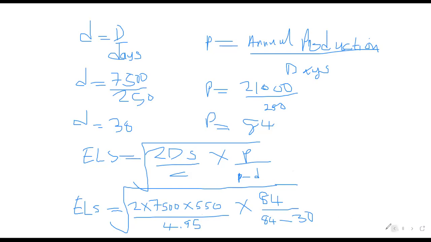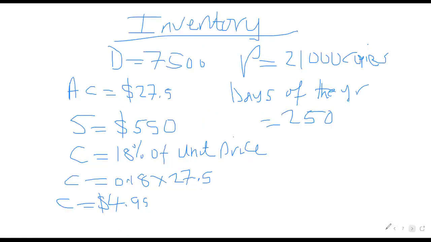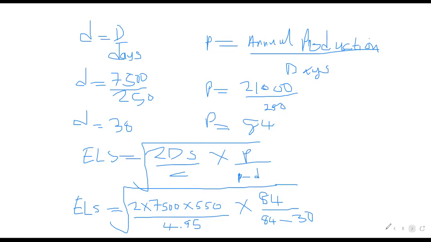So 2 by 7,500 by 550 divided by 4.95, then multiply by 84 divided by 54, then the square root of that answer is giving us our economic load size, which is equal to 1610.153.